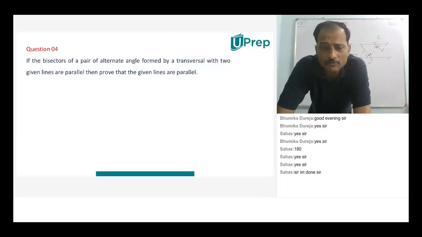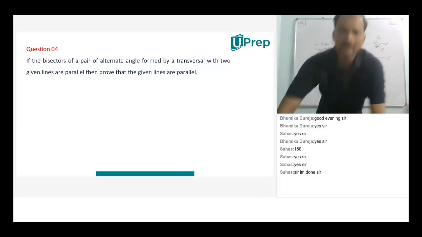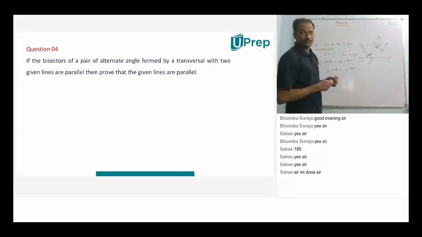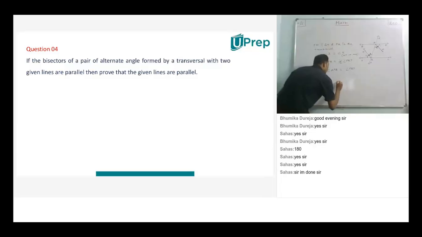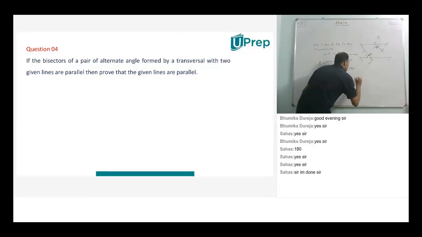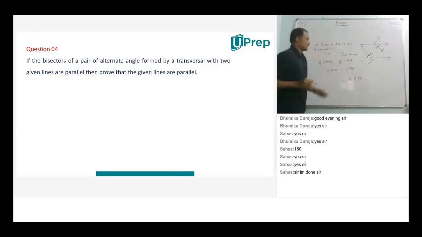Next line. Therefore, the lines are parallel. That is AB parallel to CD. Hence proved.